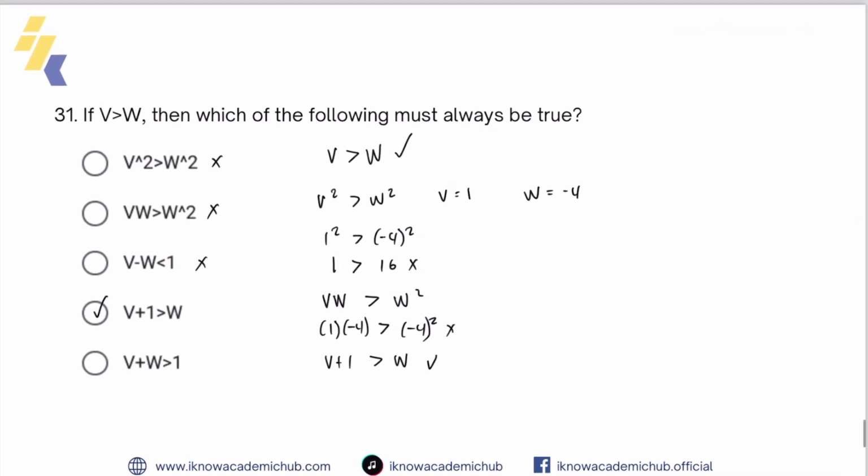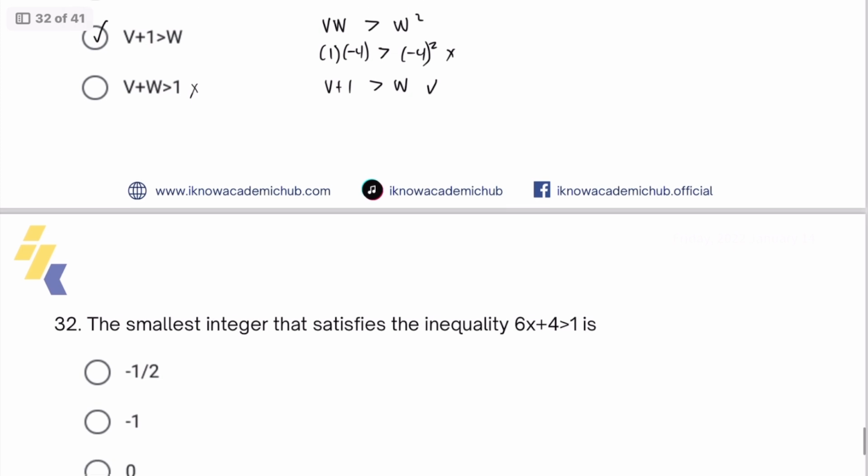So, ito yung tama. The third one. And yung last, mali yan kasi nga, paano kapag negative yung W? Yan, so we only have like 9 problems to solve.